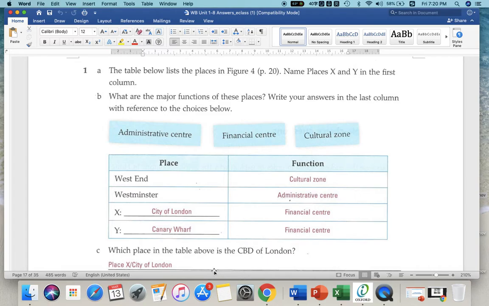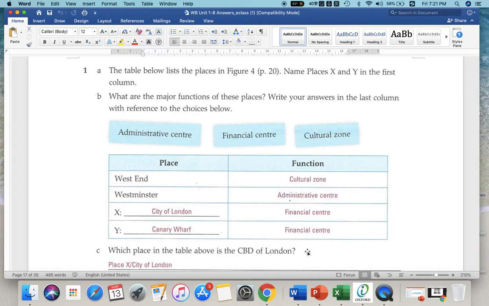The common mistake here is some students misread the question. You didn't write the choice 1, 2, 3 here. Instead, you wrote the function in your own words. So please always remember to read the question.